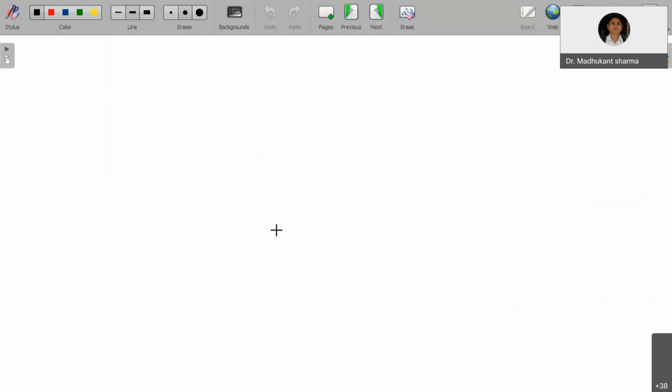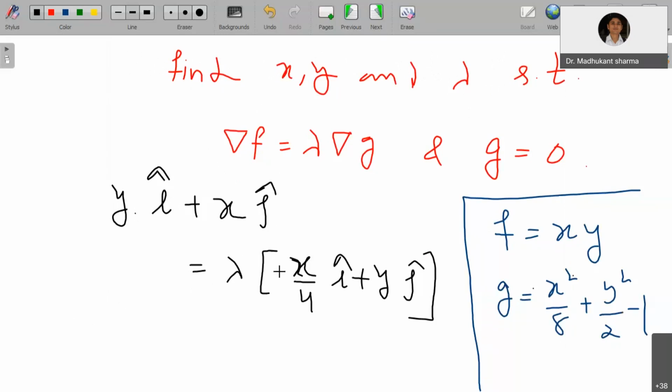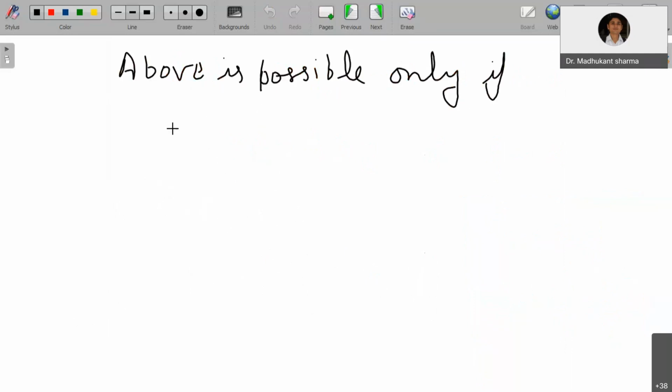So these two sides are equal. The above is possible only if you have y equals lambda x by 4 and x equals lambda y.